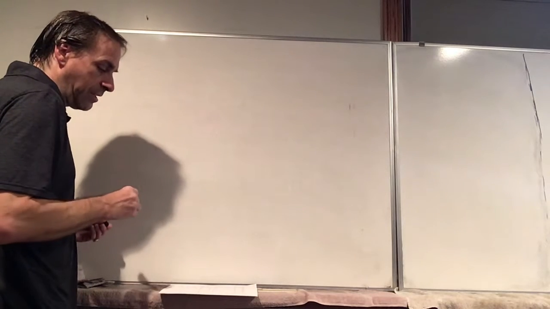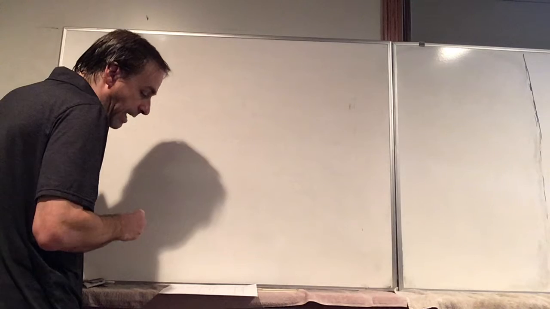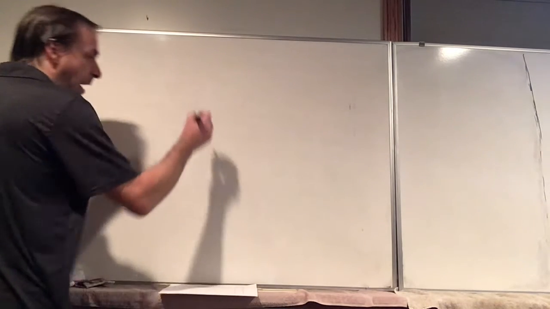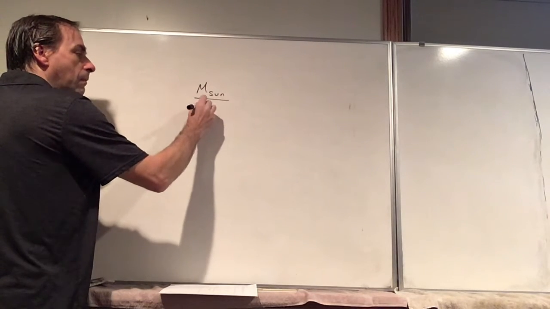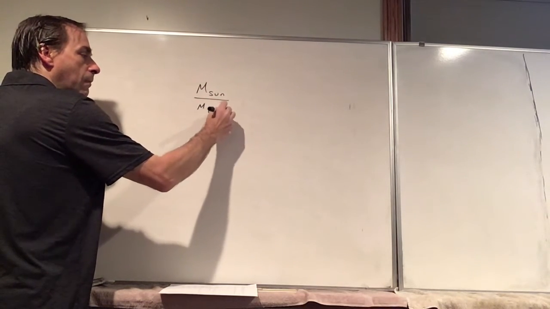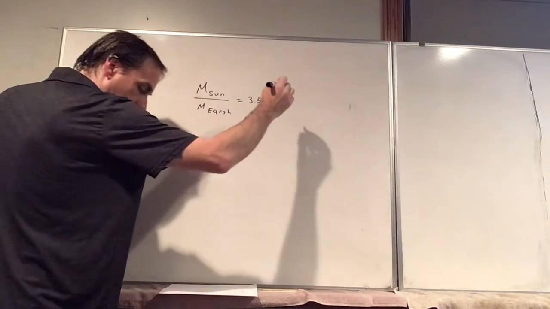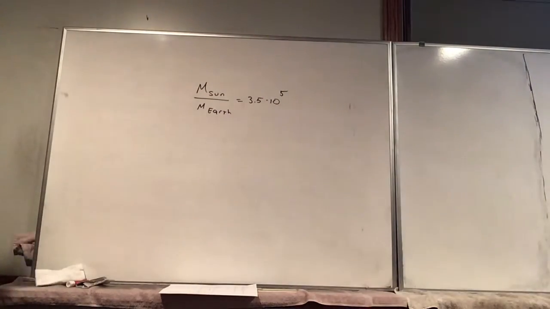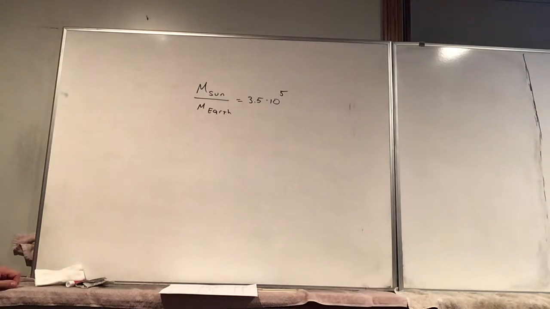And the question says the ratio of the sun's mass to the earth's mass is 3.5 times 10 to the 5th. So that's how much more massive the sun is than the earth.